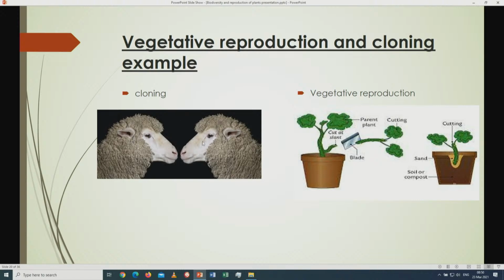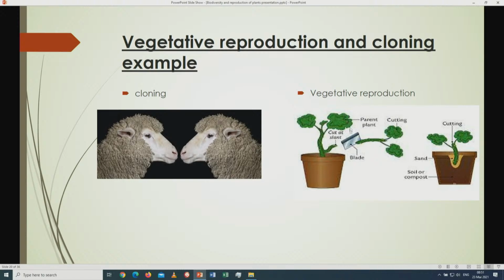So here I have an example of a sheep. So in plants, an example of cloning could be that one of a small potato tuber that has an eye. When you put it in the soil, it germinates and produces small potatoes which look exactly the same as the parent.